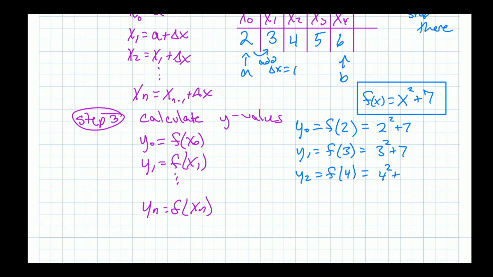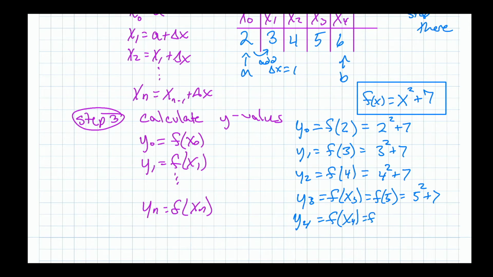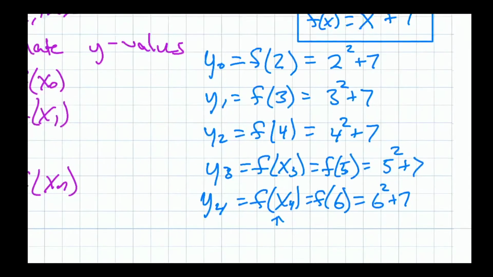So 4 squared plus 7. y3 is f of x3, which is f of 5. 5 squared plus 7. And y4, which will be done, is f of x4, which is f of 6, which is 6 squared plus 7. I don't know why I wrote this extra thing just for y3 and y4, but you could write them for all of them or none of them.